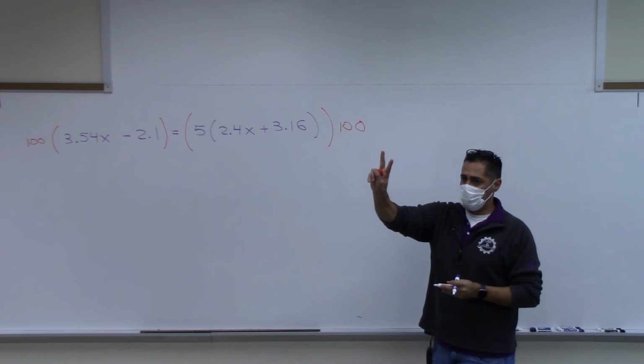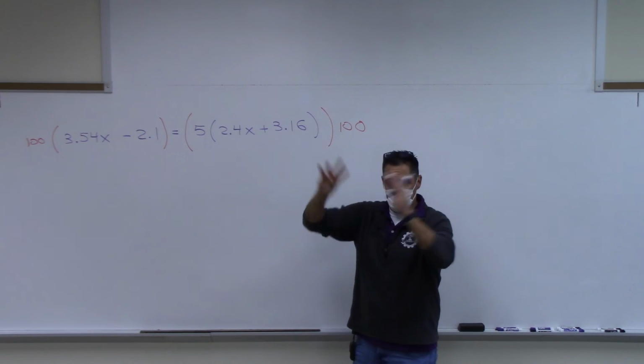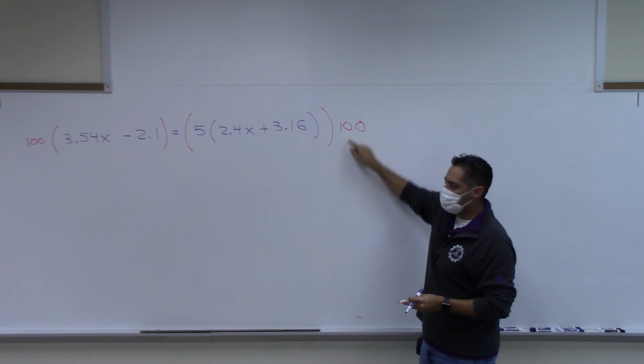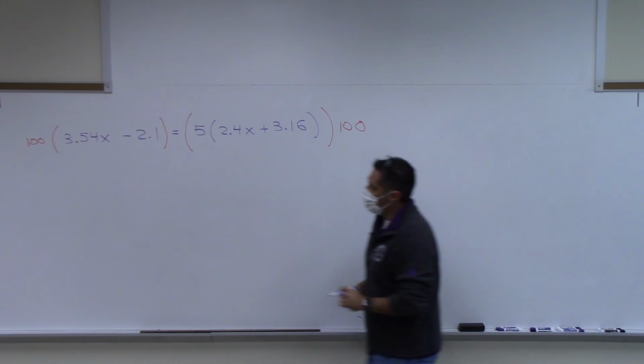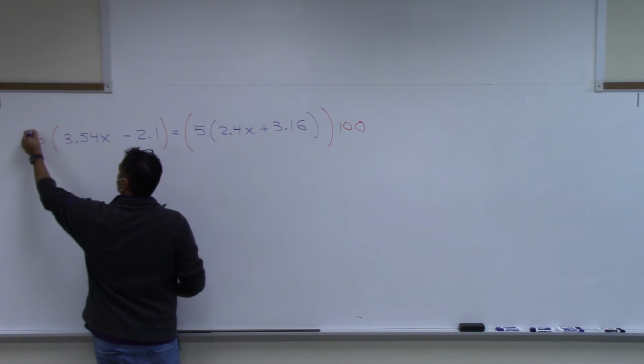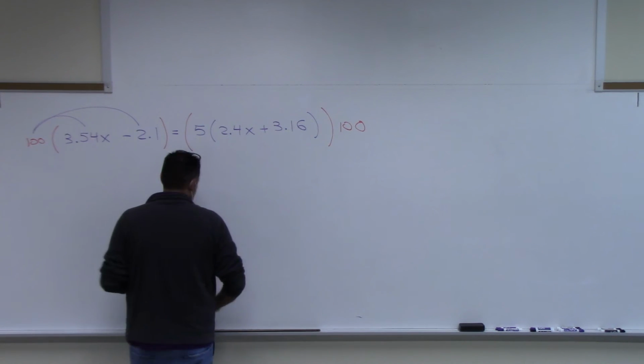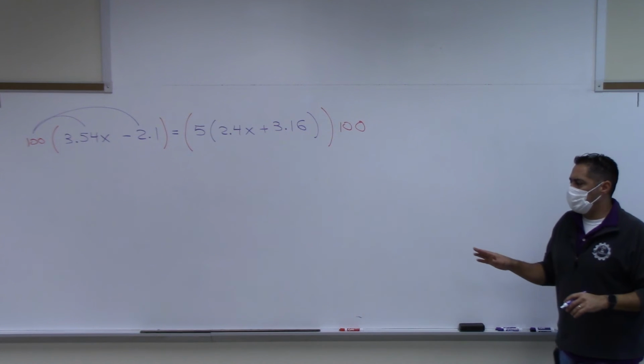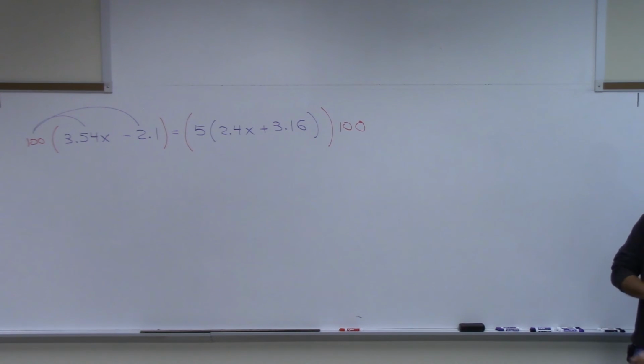Two decimal places was the most we saw, so I need a number with 2 zeros, 100, okay? Same thing. Let's distribute through here. Now we may need a calculator for this. Maybe not at this step, but maybe as we move on, you might need a calculator. So let's call on our next victim.